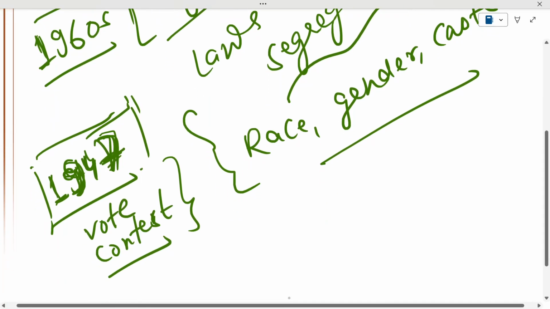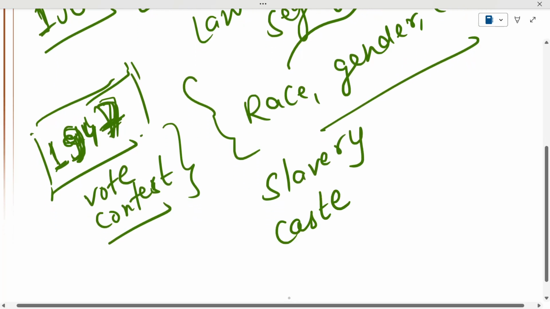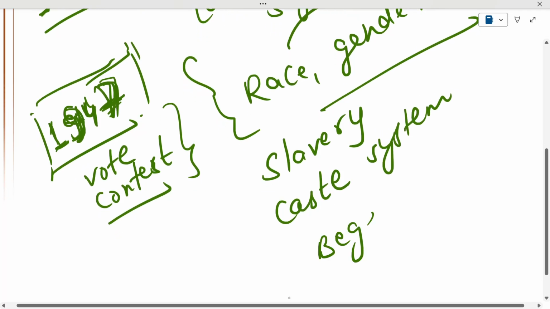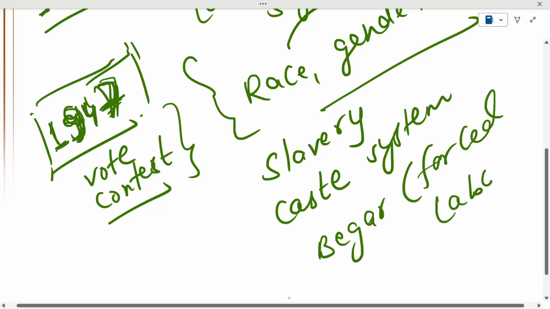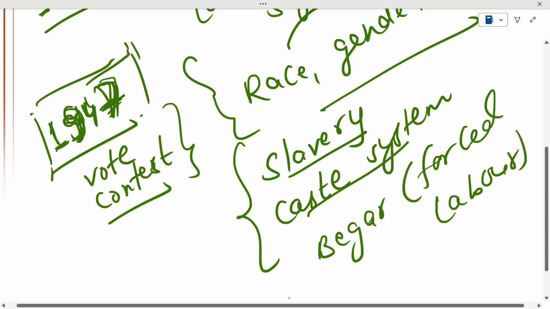And you might have heard about the institution of slavery, the institution of caste system, the institution of begar or forced labor. Such oppressive and discriminatory systems were rampant all over the world.